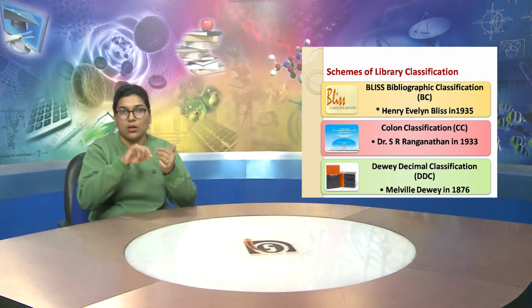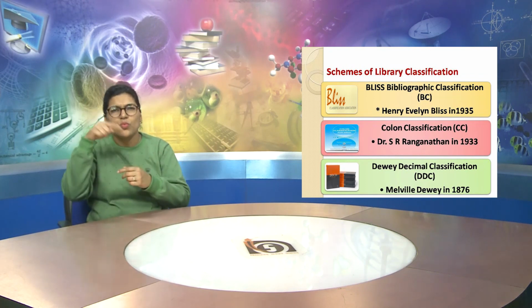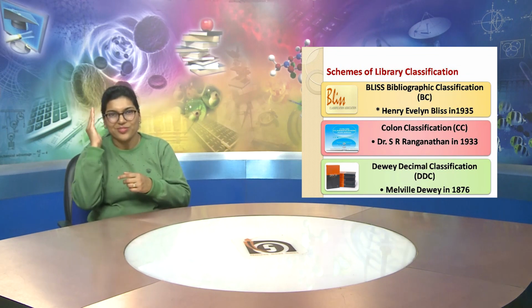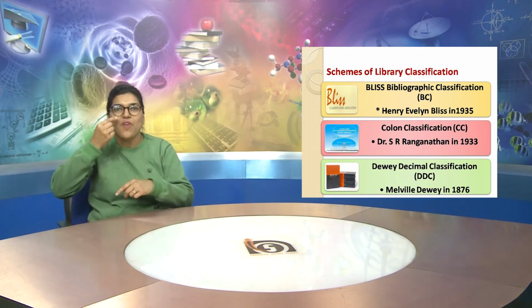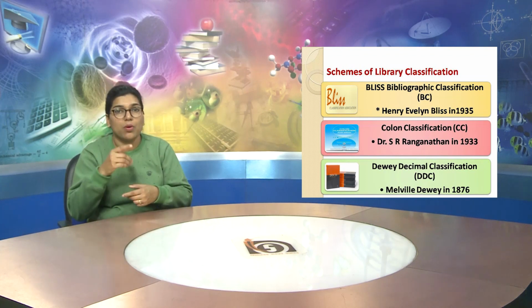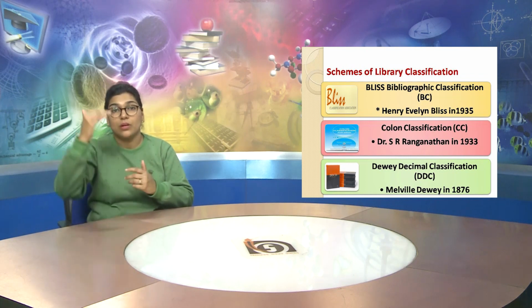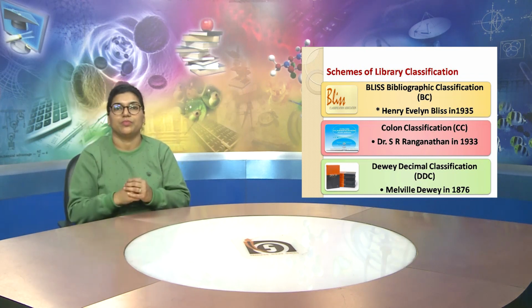It was suggested by Dr. S.R. Ranganathan. We already read in the previous lesson that he was the father of library science. He suggested this classification type in the year 1933.